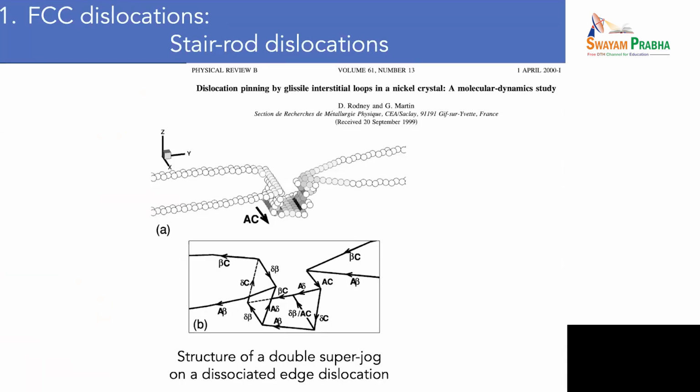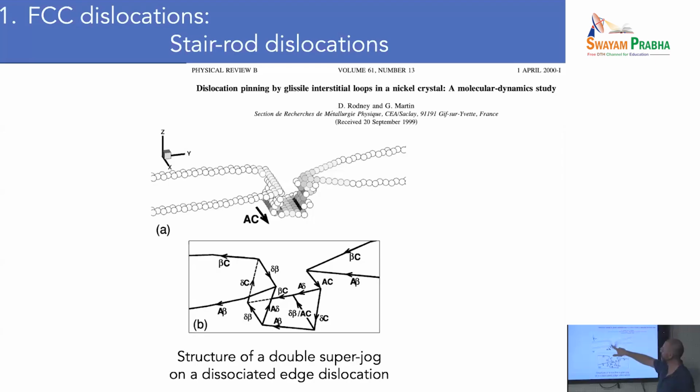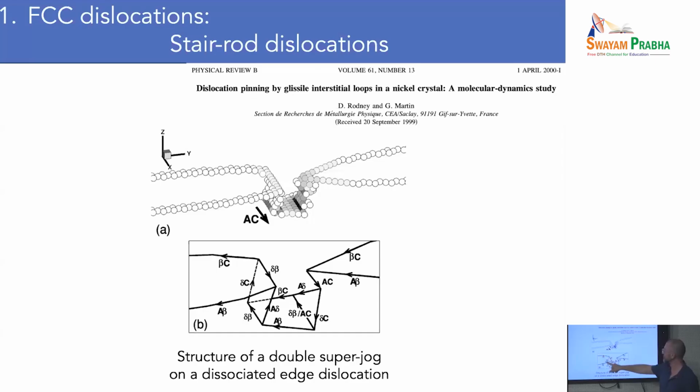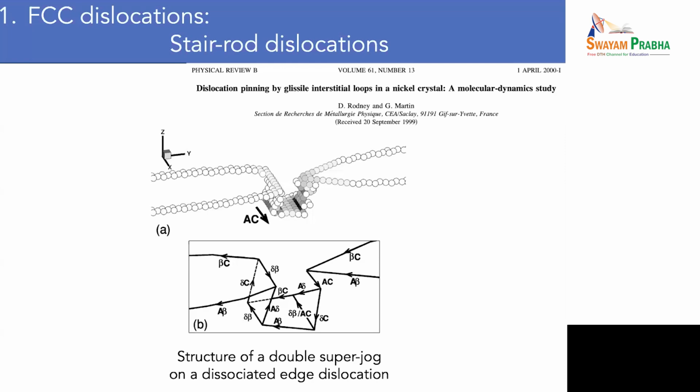This is an edge dislocation, and it has absorbed, and actually in this case it's an interstitial loop. So you have segments in different 1-1-1 planes, and then you can play the game of connecting all the stair rods. You have the two main Shockley partials on both sides here, but on this side you want to form one of these very long Burgers vector stair rods, so it actually constricts.